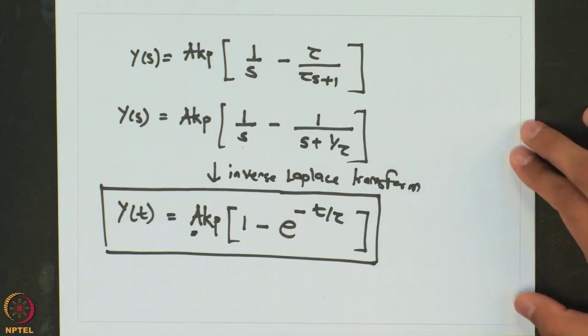So, let us now try to analyze how this solution looks and what is the importance of these two parameters Kp and tau.